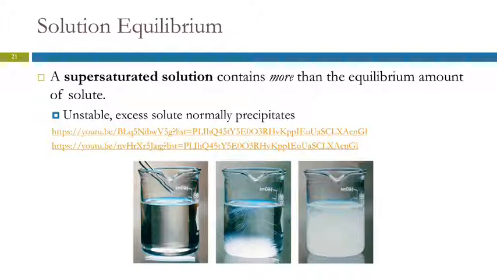And so at a higher temperature, the substance is more soluble. So you heat it up, and you can get all of it to dissolve. And then if you cool it down carefully, you can fool it. You can fool the solution. And you can get it to be more concentrated than it should be.